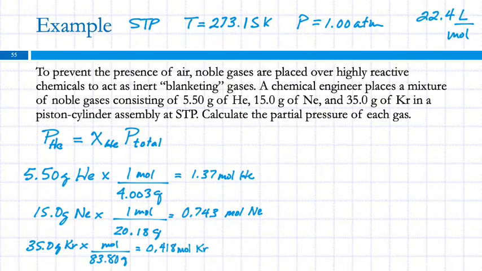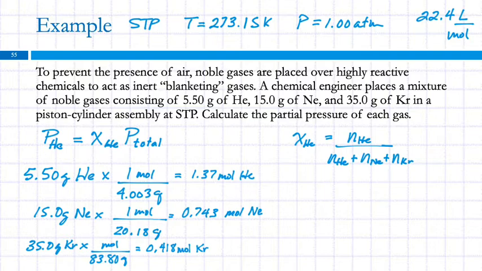So I have the moles of each gas. To find the mole fraction, I want the moles of helium. So the mole fraction of helium is equal to the moles of helium divided by the whole thing: moles of helium plus moles of neon plus moles of krypton.